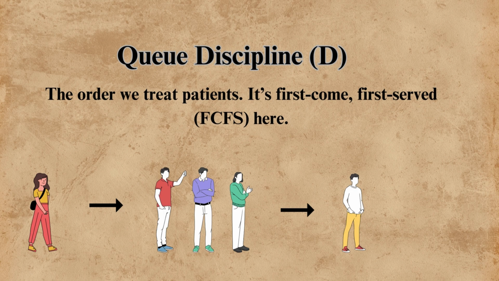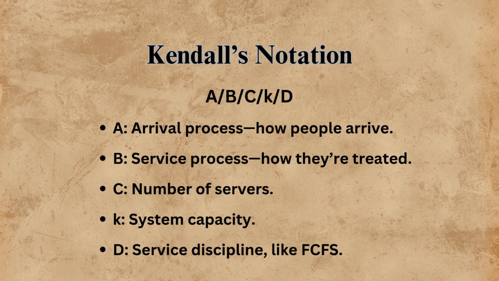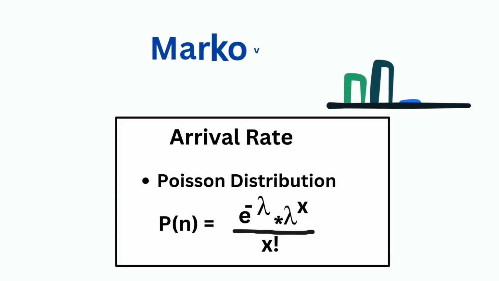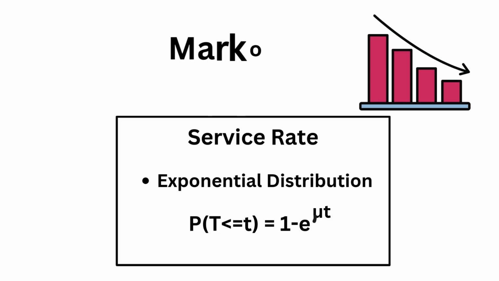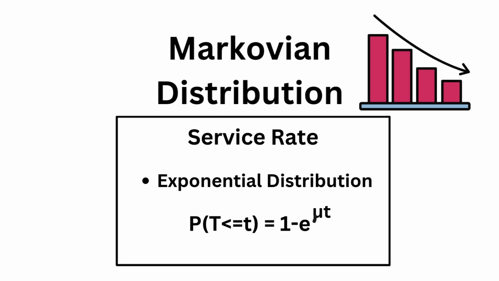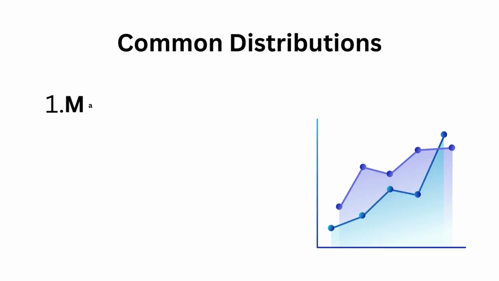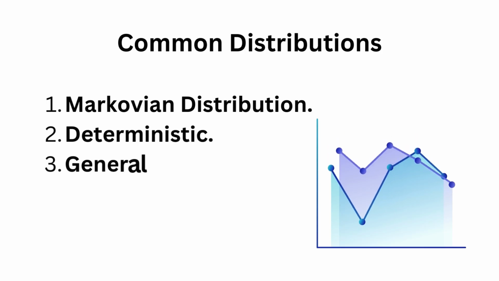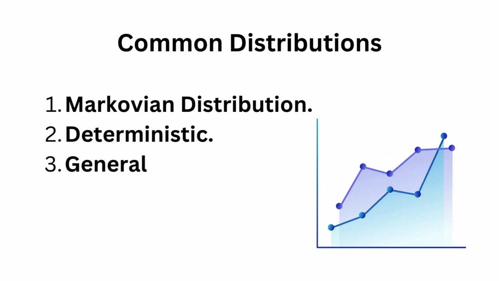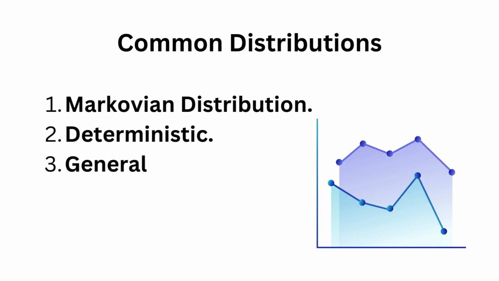It is assumed to be first come, first served if not otherwise stated. In our problem, the first M stands for Markovian arrival rate. Arrival rate or service rate can have different distributions. First is Markovian, which is like Poisson distribution or exponential distribution. Second, deterministic, and third, general. We will learn about these distributions and their amazing properties in subsequent videos.